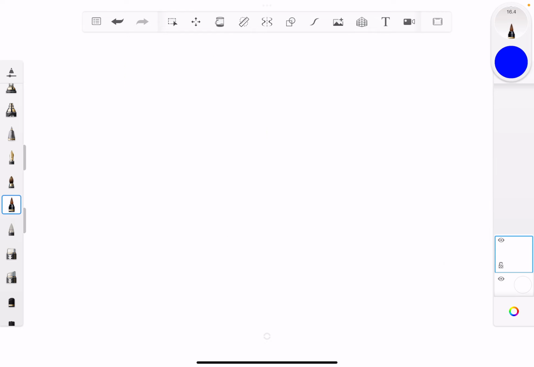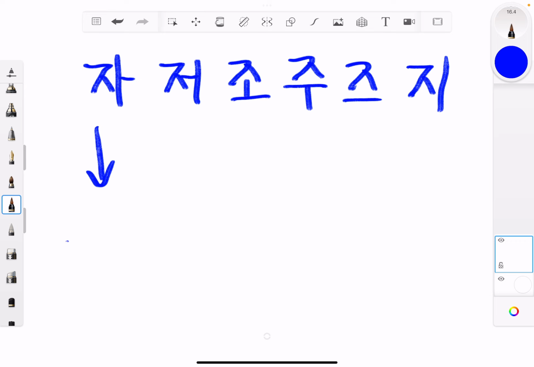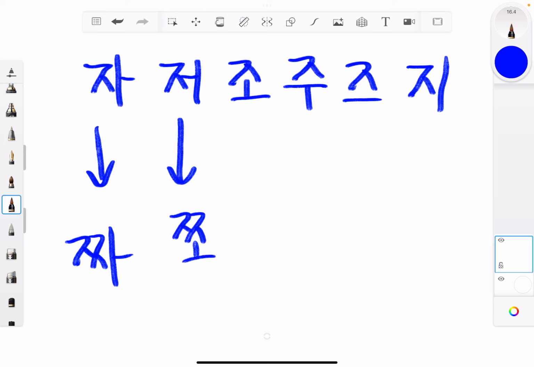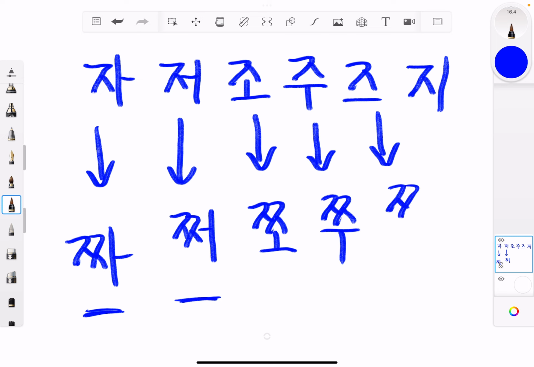Okay. And the last one. 자, 저, 조, 주, 지. 자 becomes what? 짜. 저 becomes 쩌. 조 becomes 쪼. 주 becomes 쭈. 지 becomes 찌.